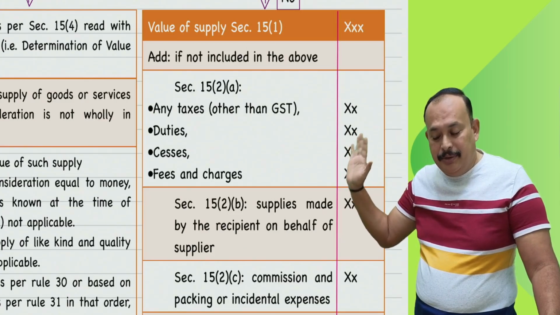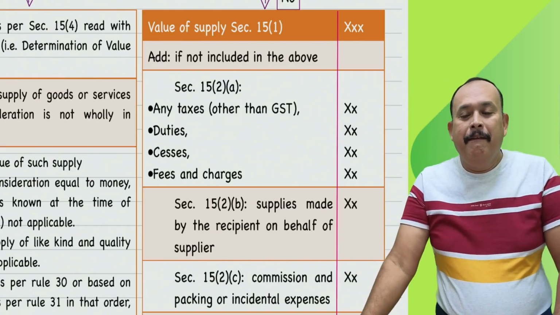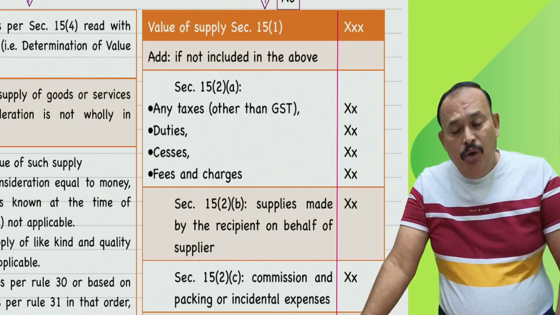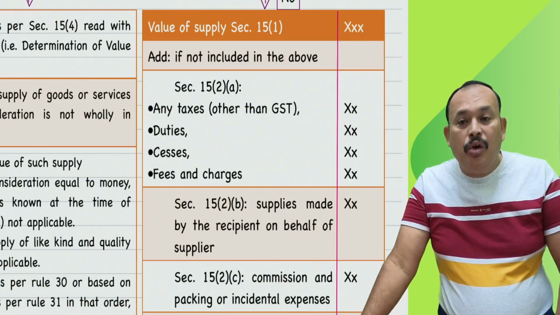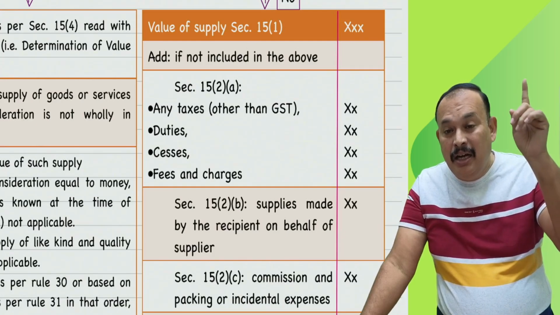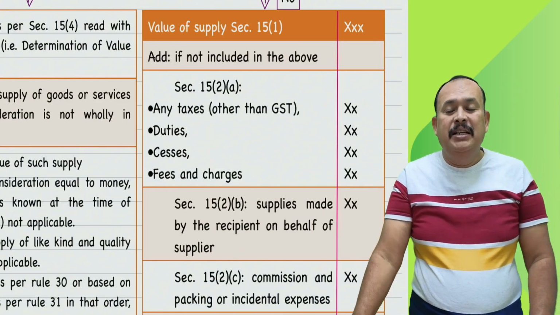Here I would like to bring further points. Under the Income Tax Act 1961, we have the concept called tax collected at source, TCS, under section 206C of the Income Tax Act 1961.